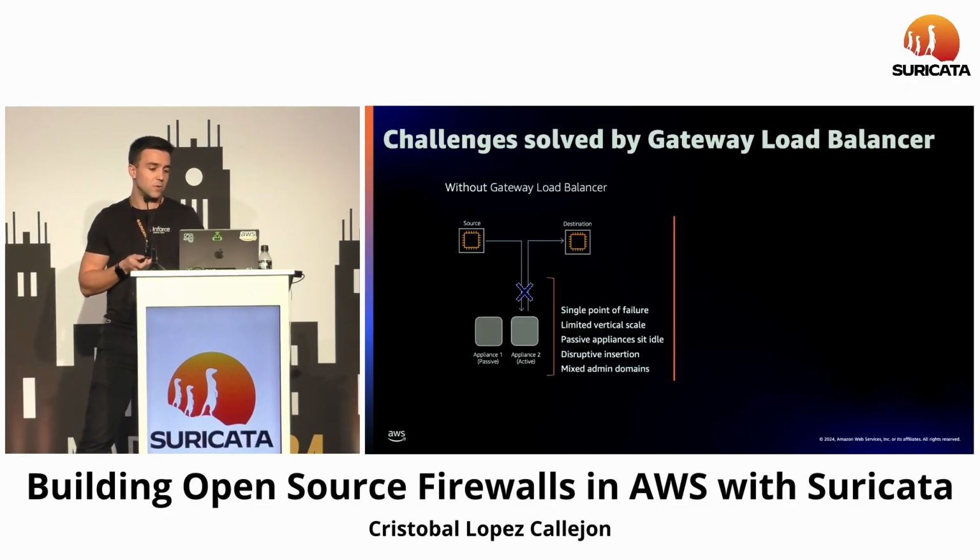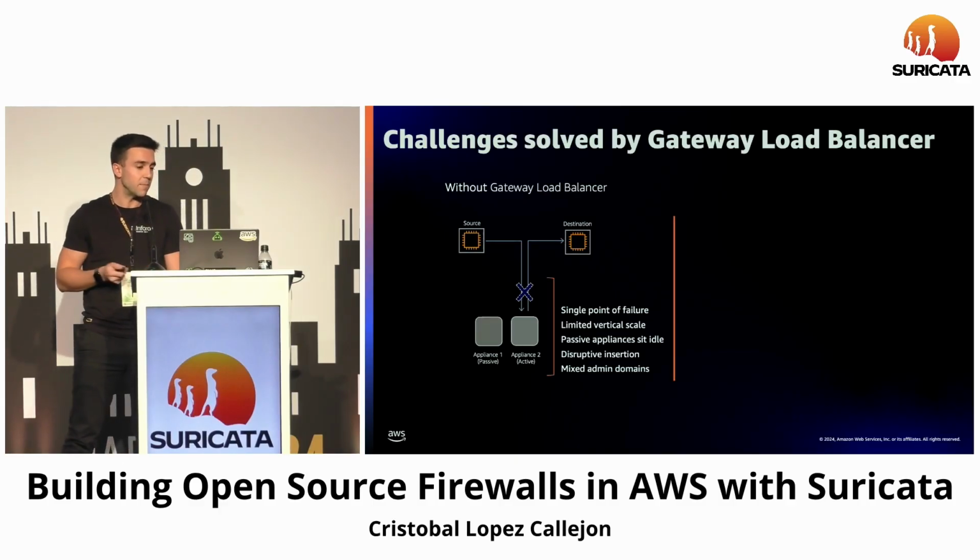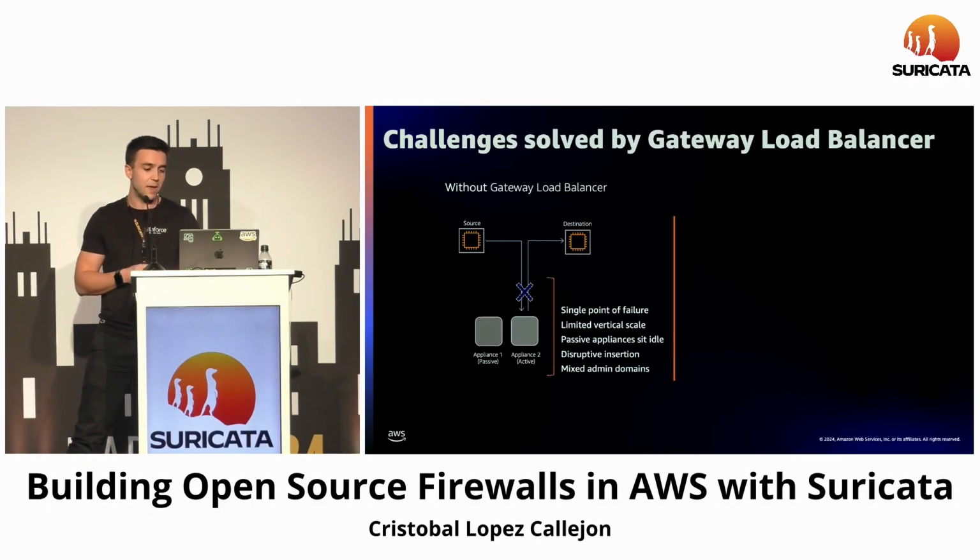We also run into limited vertical scale. What happens if we have peaks in traffic and the server is not able to respond to that peak in traffic? Also, we have the problem that the passive appliances are sitting idle, and we might be losing these resources that could be used for something different, or we can even be paying for that if we already have that solution deployed.